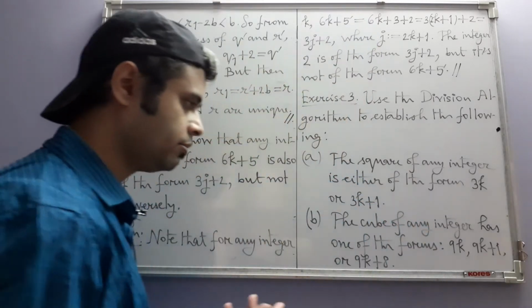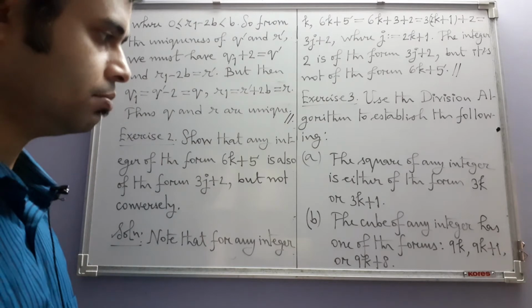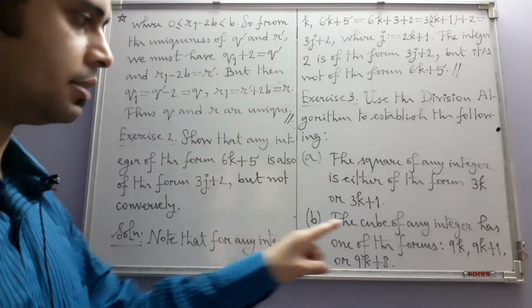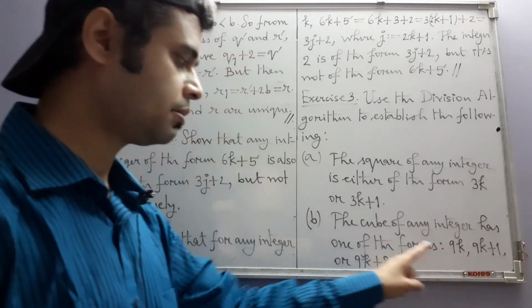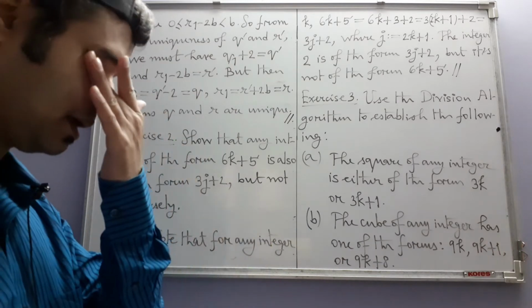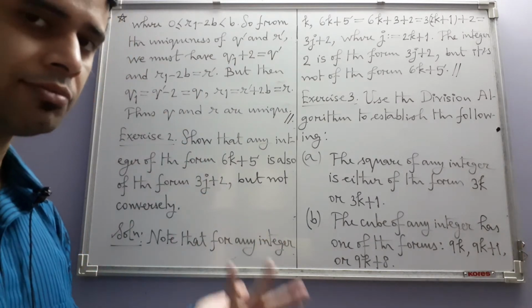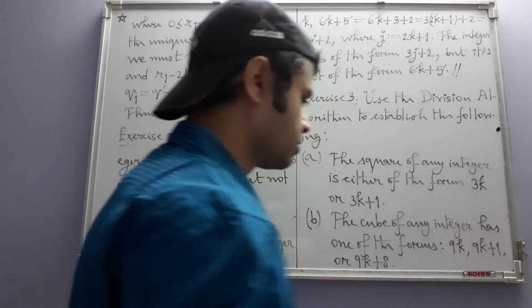This means that when you divide a perfect cube by 9, the remainder is either 0 or 1 or 8. It cannot be anything else. For example, it can never be 7 or 3 or 2.